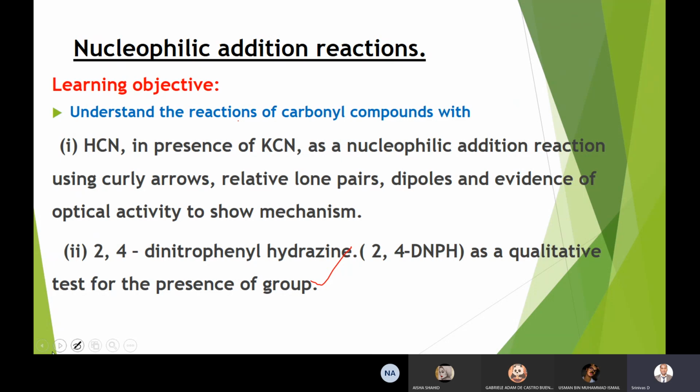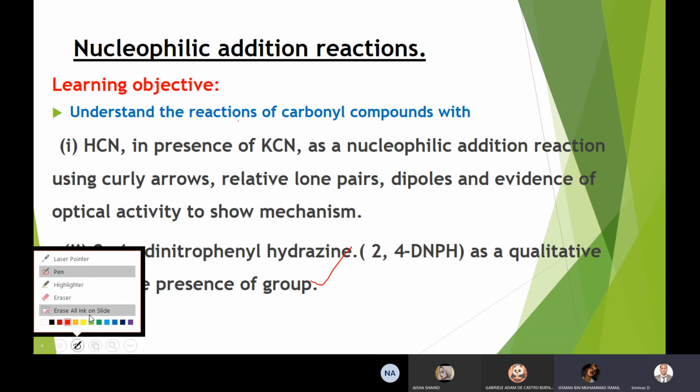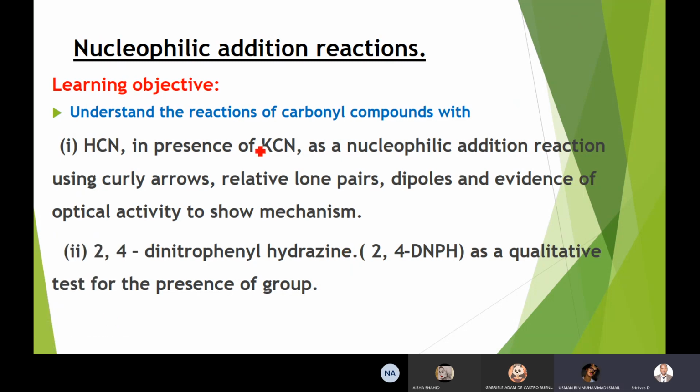I have all these experiments. You need not worry. But in the learning objective, first we focus on the reaction of HCN with carbonyl compounds and its mechanism. Then if time permits, we also discuss this. Okay, so let me not waste time on this.